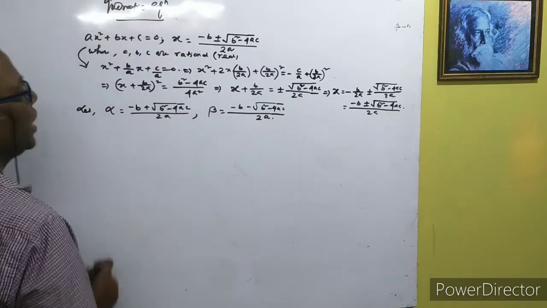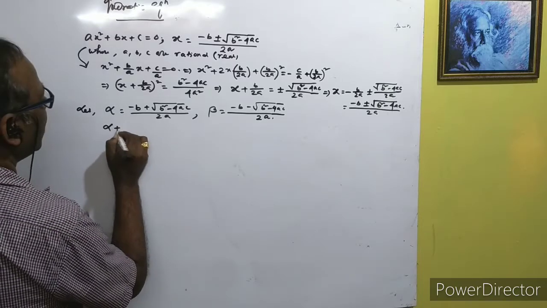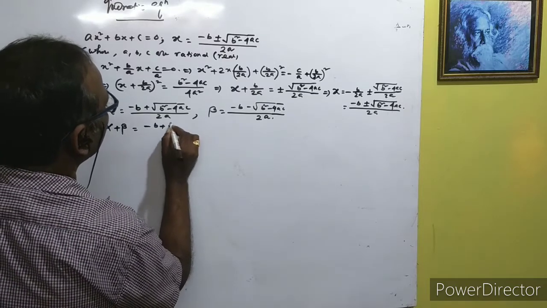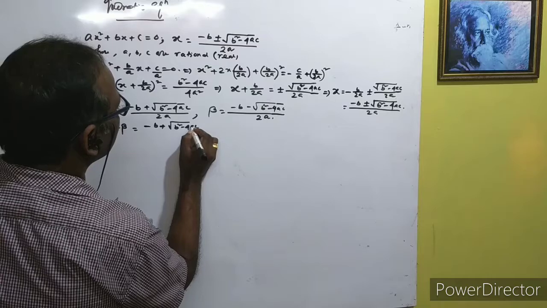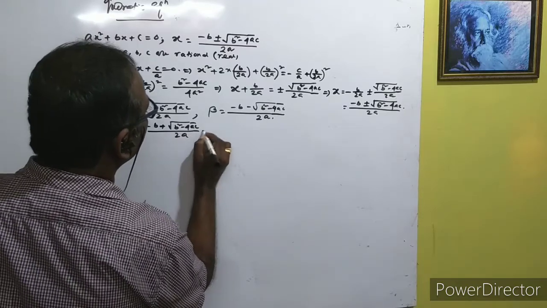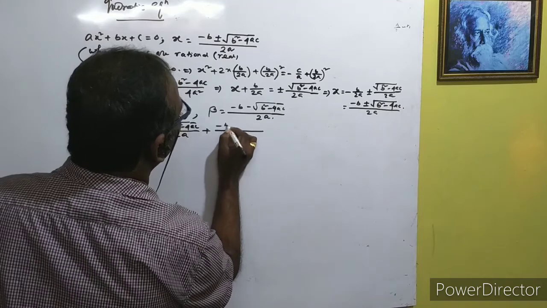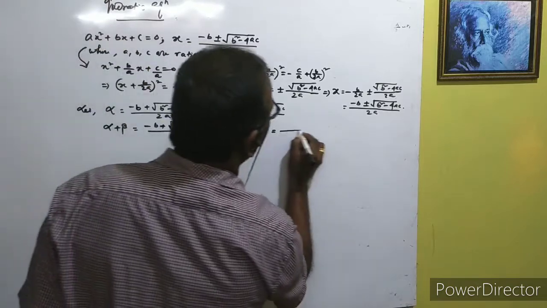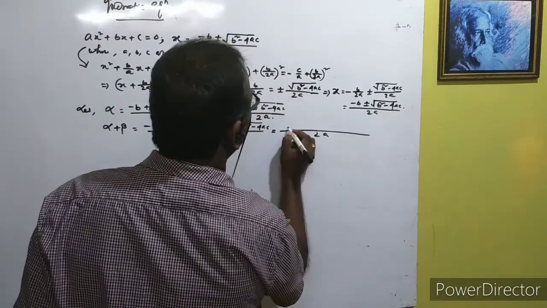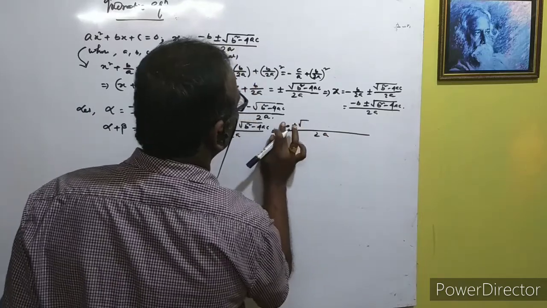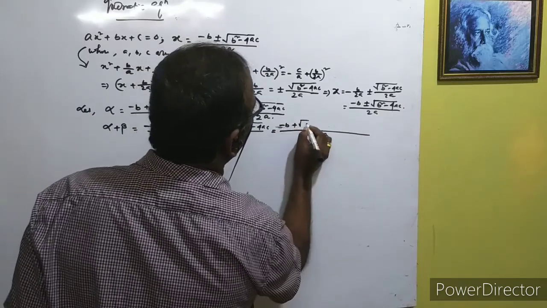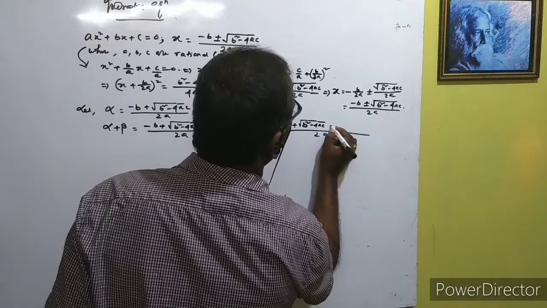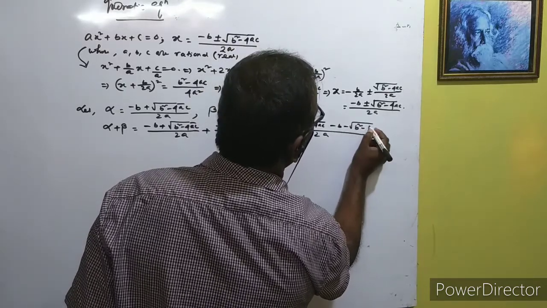If we add these two, then we get alpha plus beta, and this is equal to, take an LCM, that is twice a, so this is (-b + √(b² - 4ac)) and (-b - √(b² - 4ac)).